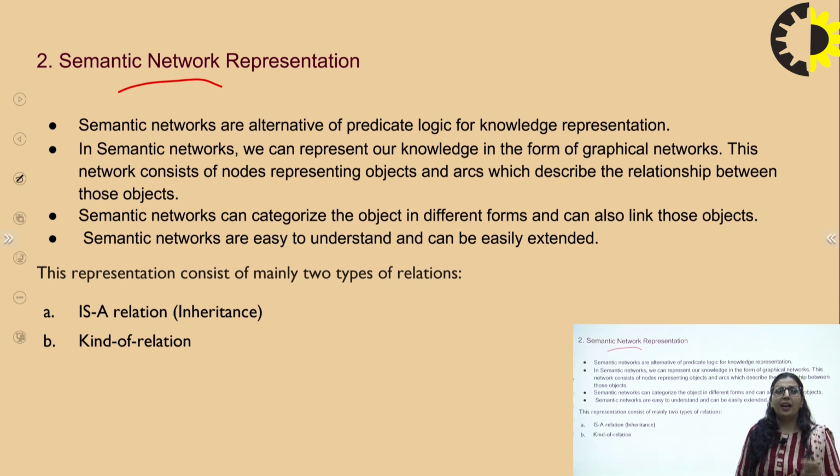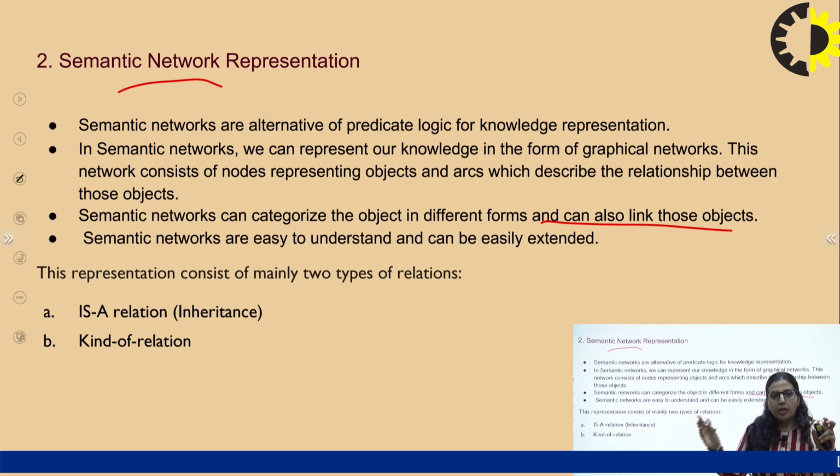It can be an alternative to predicate logic for knowledge representation. In this, we can categorize objects in different forms and also link those objects. Means the entities or objects are connected with each other through a link, and the arrow tells the instance of that other object.